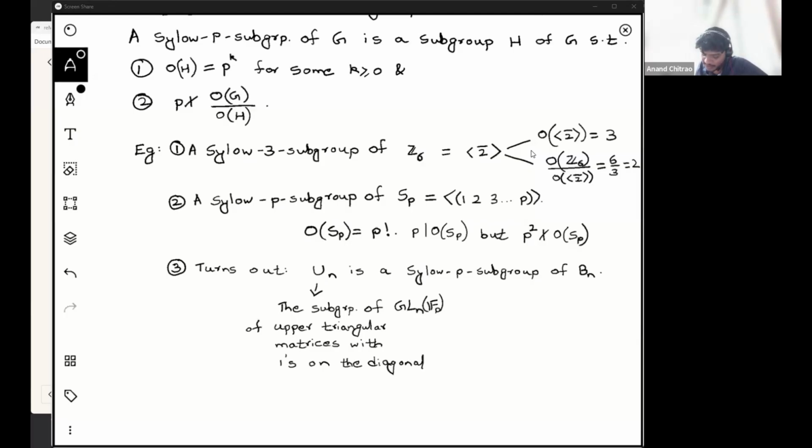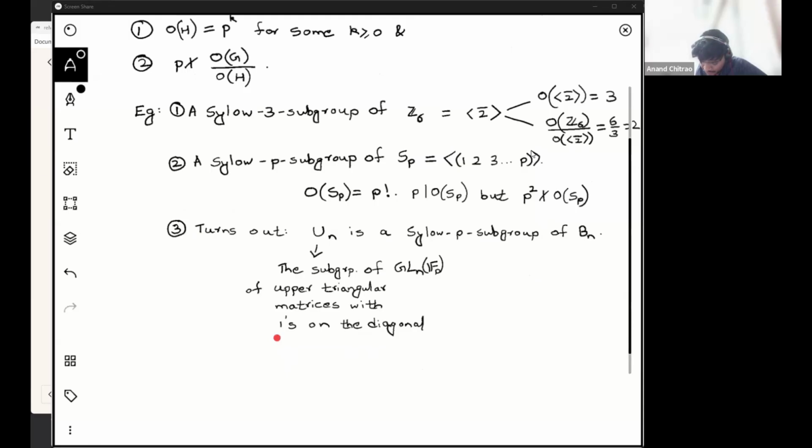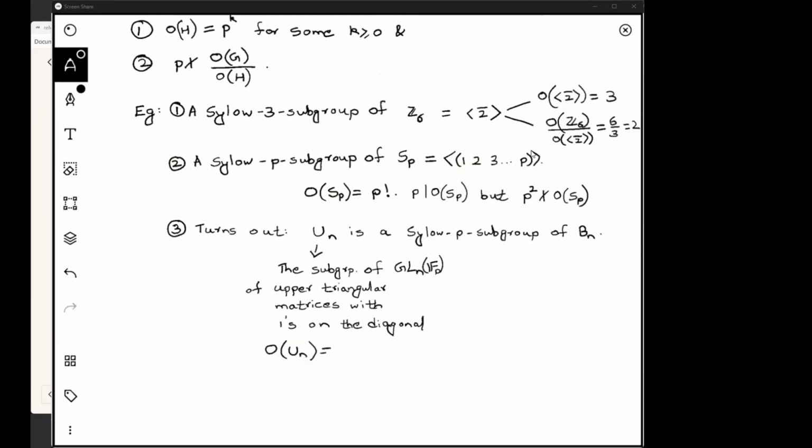So now what's the order? We computed this, I think, in the first or second lecture. P to the power n times n minus 1 by 2. Right, great.